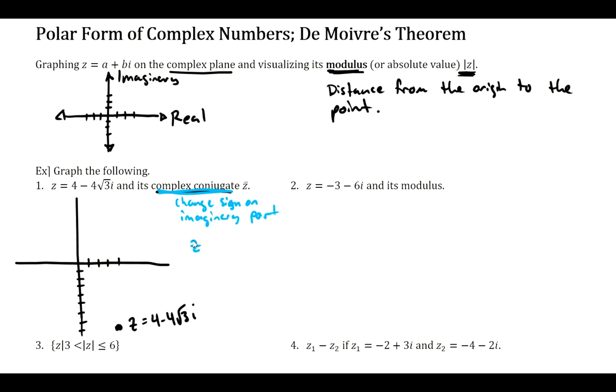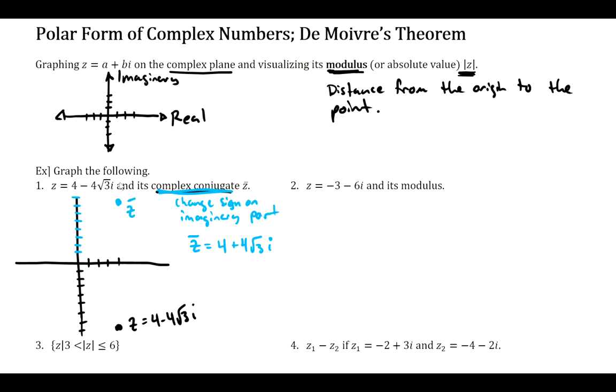And we denote it with z with the bar on top. So on this problem, it would be 4 plus 4 radical 3i. So still 4 to the right, but then up 4 radical 3i, which I'm saying is still about 8, is my guess, without actually plugging it into a calculator. Okay, so that's where z bar is.